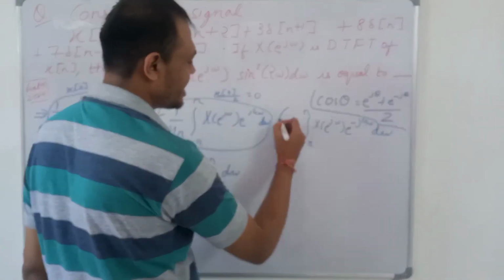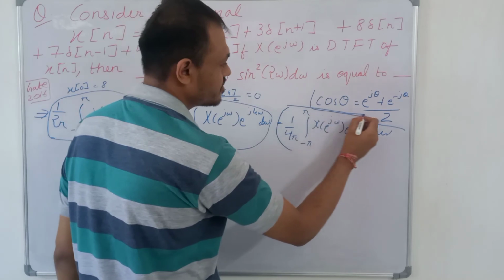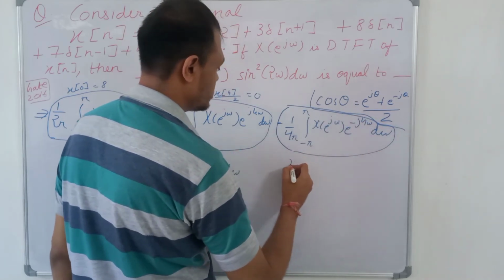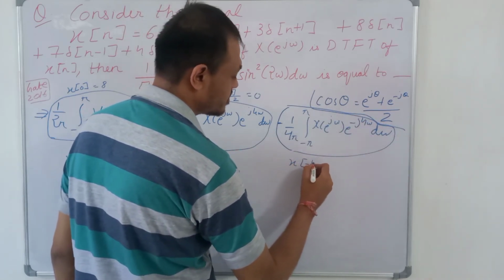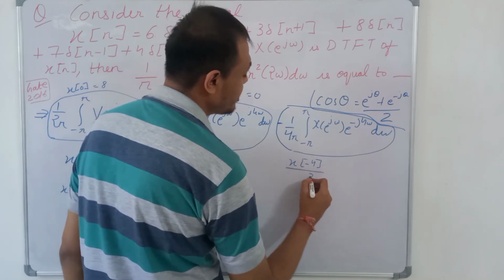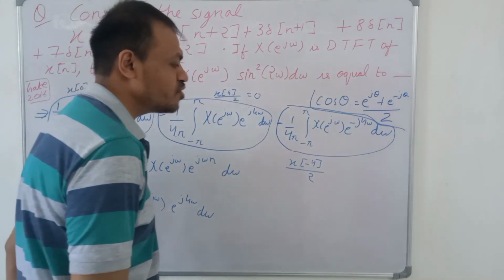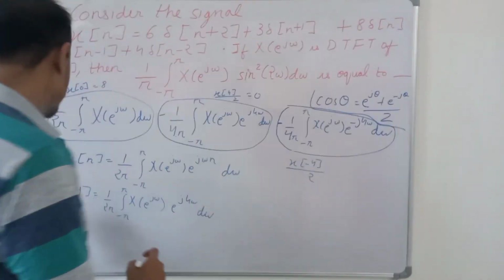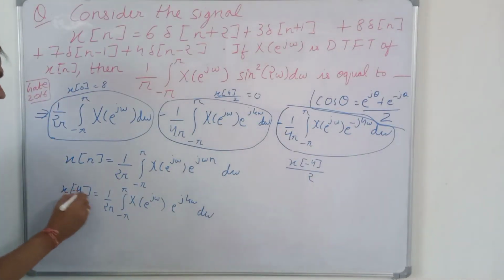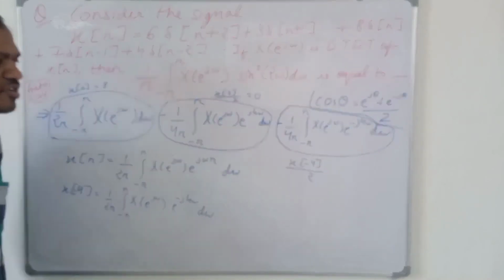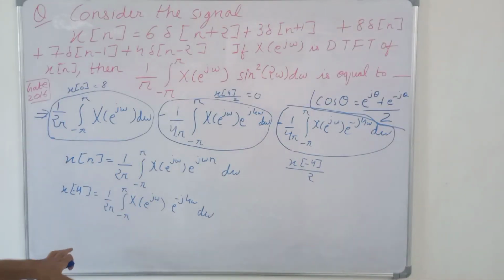Similarly, this will be equal to x of minus 4 upon 2, the signal value at time minus 4 upon 2. Because if you put n equal to minus 4 here, this will be e to the power minus j 4 omega d omega.